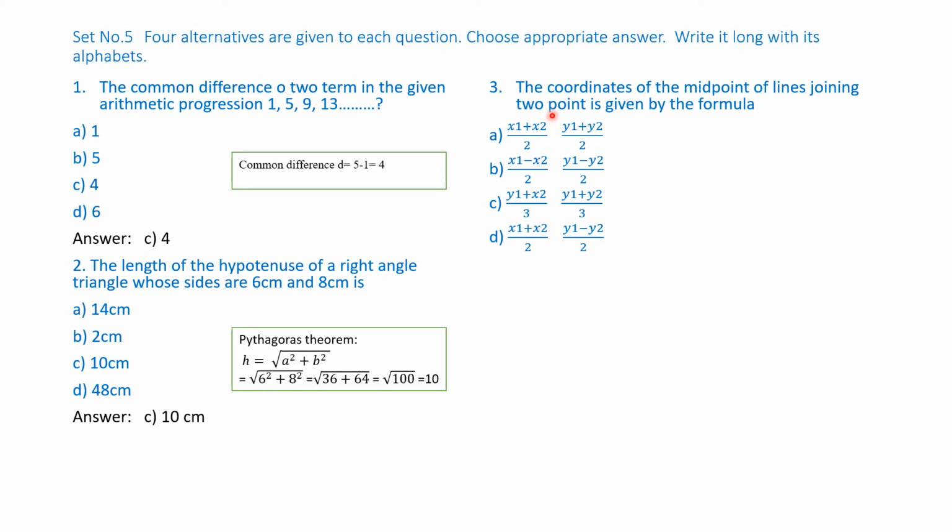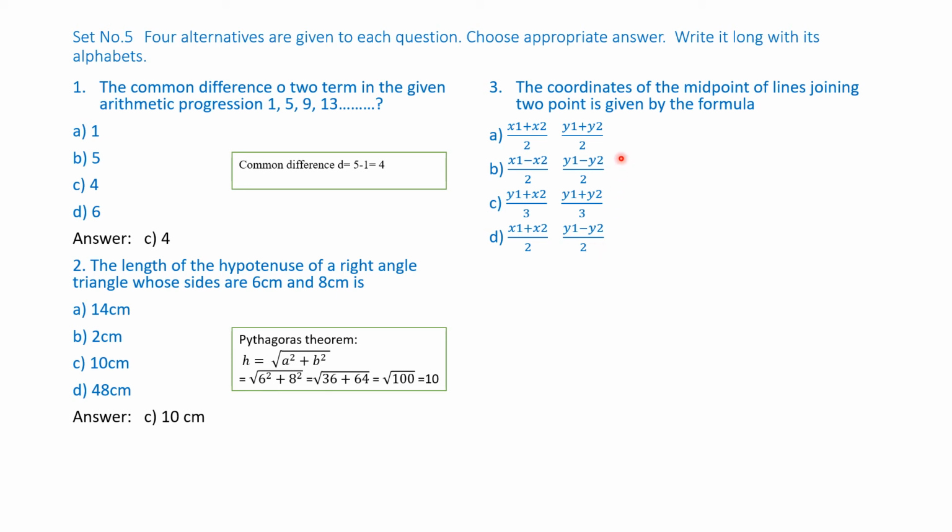Question number 3. The coordinates of the midpoint of the line joining 2 points is given by the formula. He has given 4 different options: x1 plus x2 by 2, y1 plus y2 by 2; x1 minus x2 by 2, y1 minus y2 by 2; x1 plus x2 by 3, y1 plus y2 by 3; and lastly x1 plus x2 by 2 and y1 minus y2 by 2.